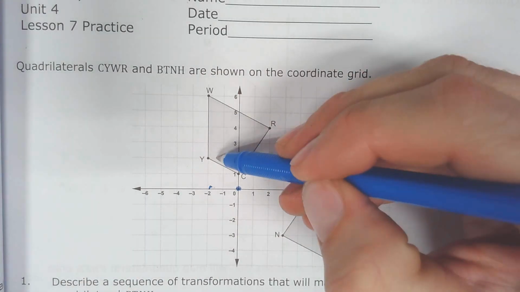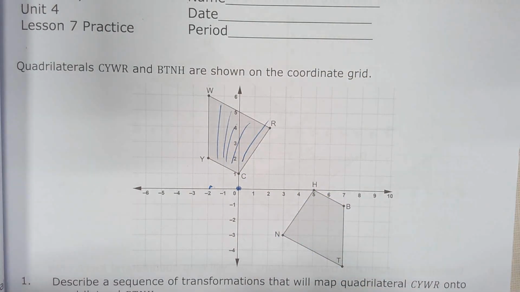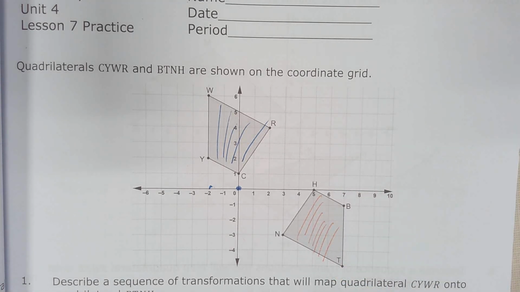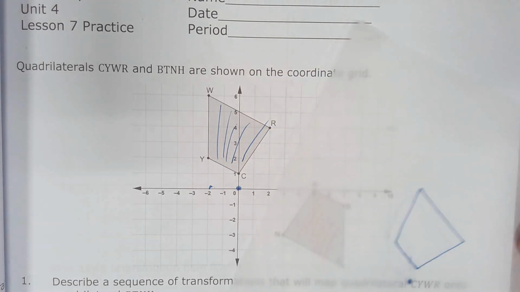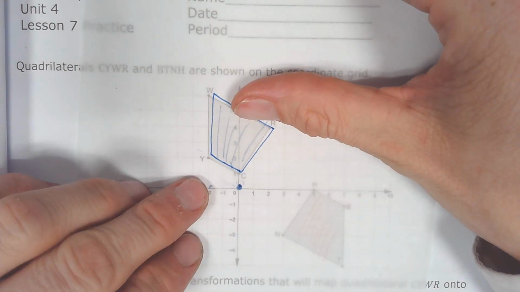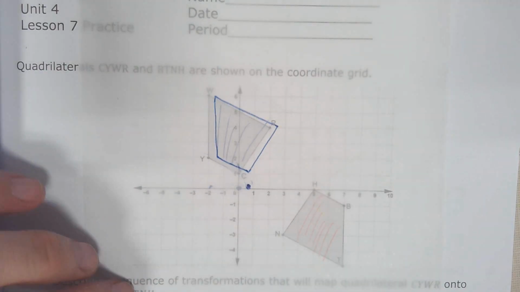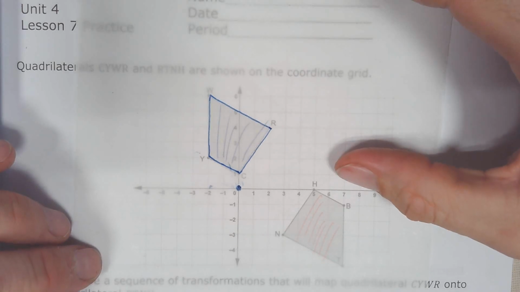From here on out, I'm going to call this quadrilateral blue and the other quadrilateral orange. So what's it going to take to do this? Describe a sequence of transformations.